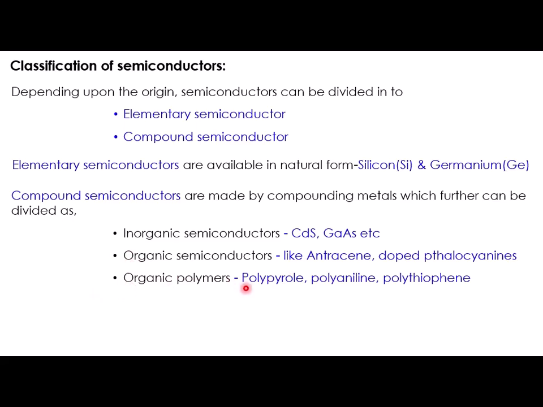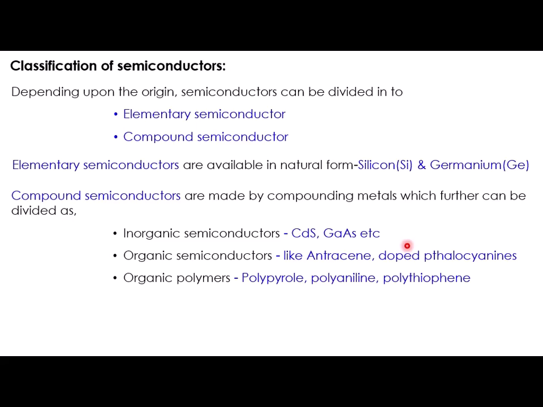The examples of inorganic semiconductors are cadmium sulfide, gallium arsenide, etc. Nowadays, these inorganic semiconductors are very much in demand. People are not using silicon and germanium very much, which we get as natural semiconductors directly from nature.